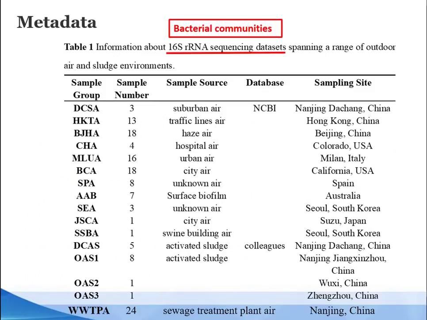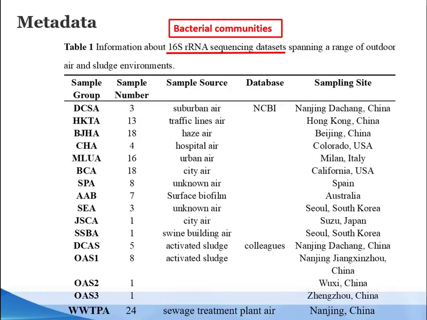For the case study, I provided 131 16S rRNA sequencing datasets about different air environments and activated sludge environments to see the dissimilarity of airborne bacterial communities between air and the bacterial communities of activated sludge in the same wastewater treatment plant, and the difference of bacterial communities among different air environments.